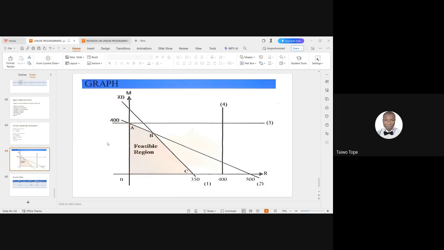That point of intersection, what two constraints, two lines are meeting at that point? Machining and assembly.